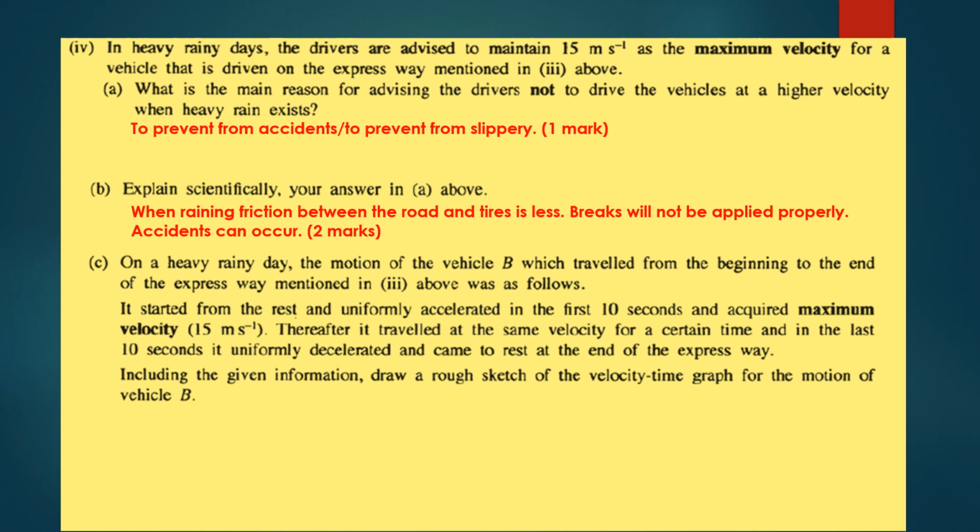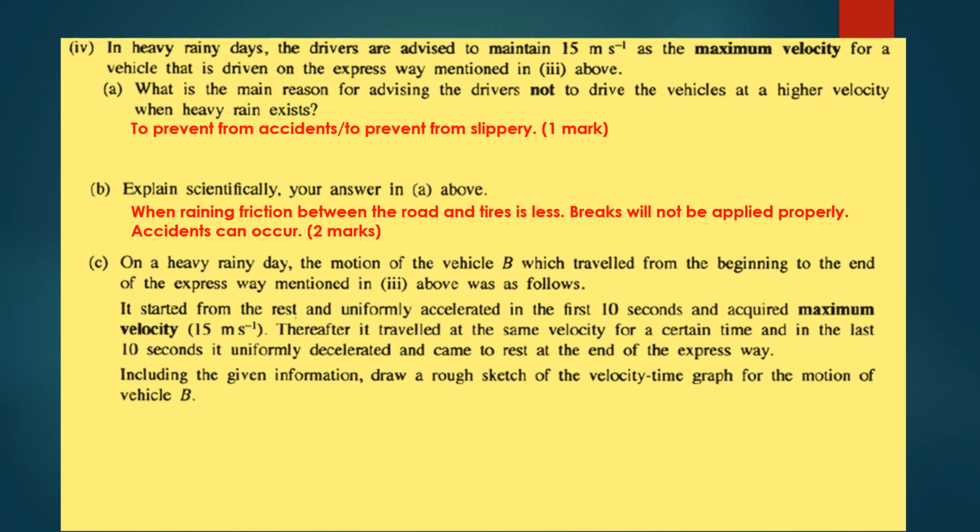Now refer to the description again. It started from rest, means initial velocity is 0, and uniformly accelerated in the first 10 seconds. So for the first 10 seconds the motion is uniform acceleration and it acquired maximum velocity 15 meters per second. So in the velocity axis the maximum velocity should be 15 meters per second.